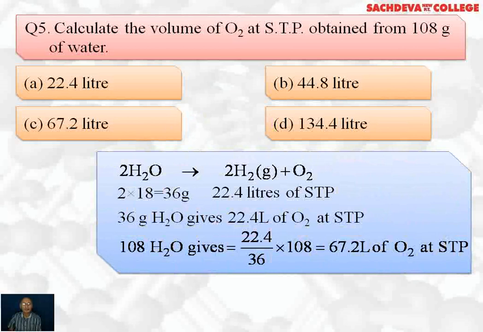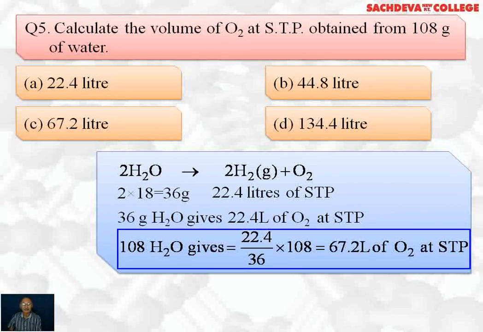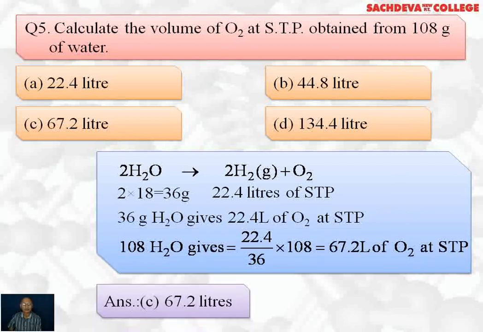First we write the chemical equation, which should be balanced. 2H2O gives 2H2 + O2. 2 × 18 = 36 gram of water gives 22.4 liters of oxygen at STP. So 108 gram of water gives 22.4 divided by 36 into 108, which equals 67.2 liters of oxygen at STP. So the answer is 67.2 liters, C part.